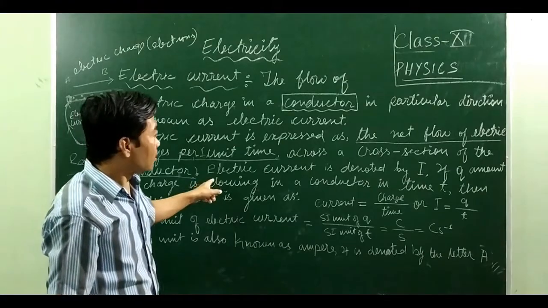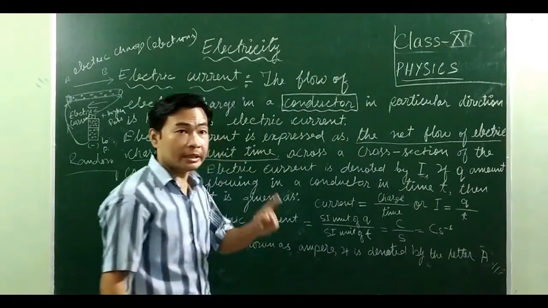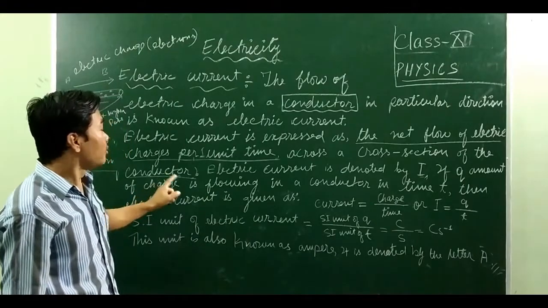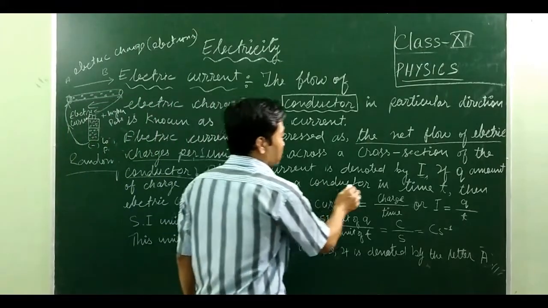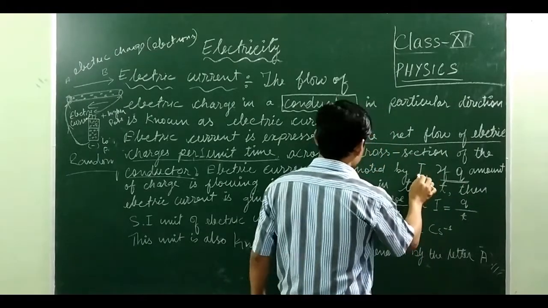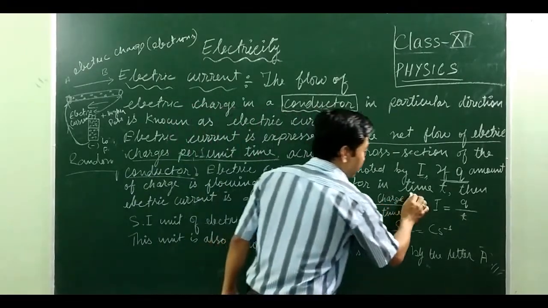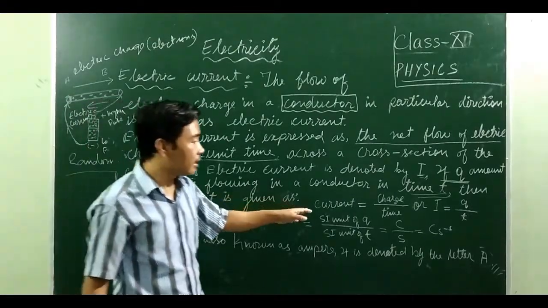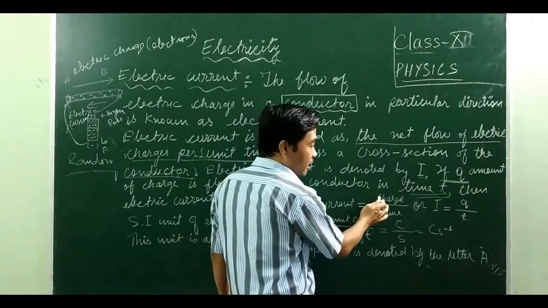Okay. Now electric current is denoted by the capital letter I, and let's say Q is the charge which is flowing in this conductor in time t. If Q charge is moving through this cross section area in time t, then electric current is given as current equals charge upon time.